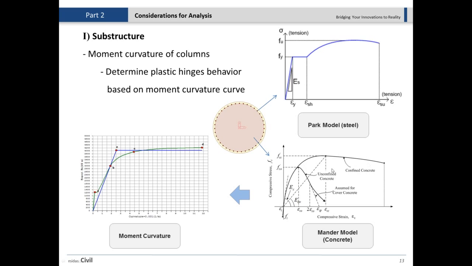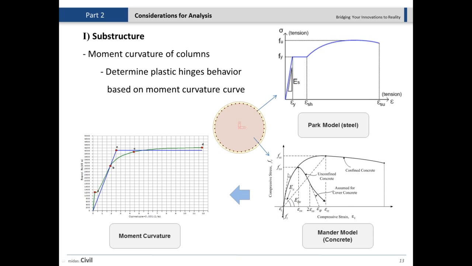You can see from this diagram the Mander model. This is one of the concrete models that most of the seismic codes in the US recommend. For example, AASHTO SDC recommends that one, and Caltrans also recommends it. Other states also use this Mander model. This is a pretty sophisticated model, and as you can see, there are two models in the Mander model. One is for the unconfined.